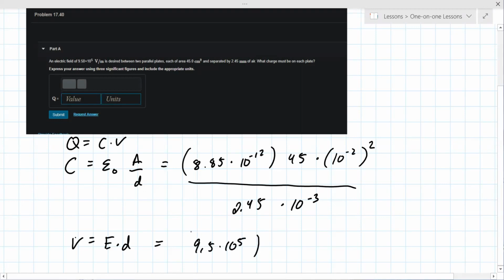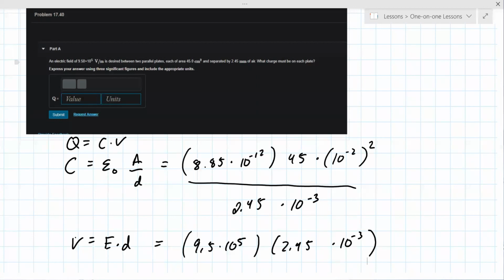And then D is the distance between them, which is the 2.45 millimeters, but you have to multiply by 10 to the minus 3 to convert to meters. So we get those two numbers, and then we multiply them together. This is where this class gets harder, because these numbers and values don't mean anything.